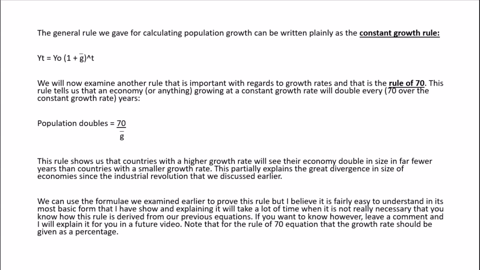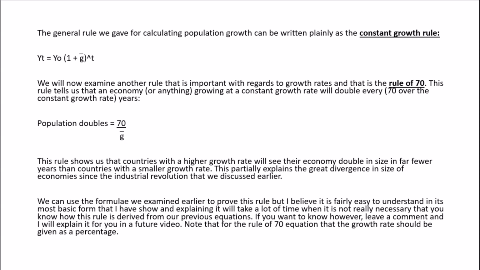So population is going to double. How long will it take? Well, you just get 70 and you put that over the constant growth rate. So let's say the growth rate was 2%. You go 70 over 2 is equal to 35, so it's going to take 35 years for the population to double.